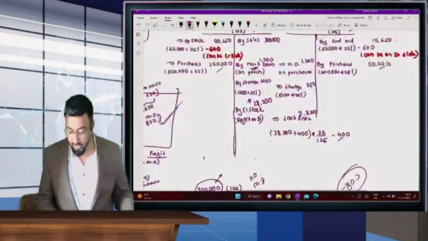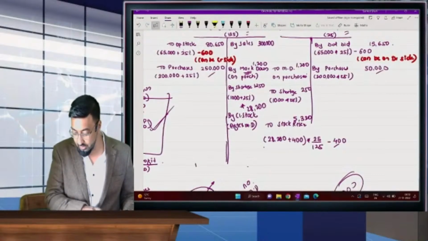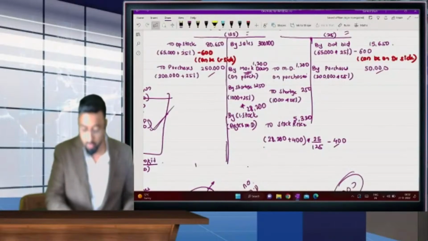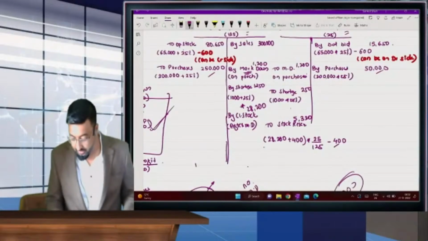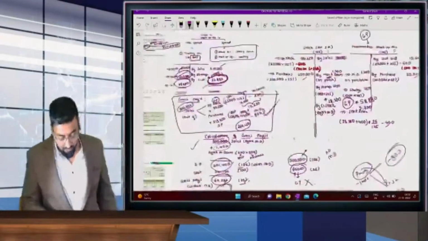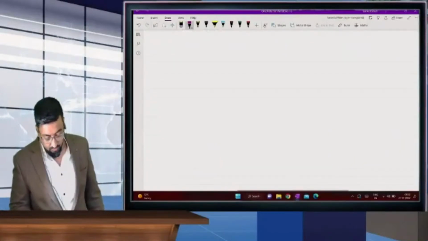And now you can get the answer: 15,650 plus 50,000 minus 1,200 minus 250 minus 5320. My correct answer is 58,880 is my GP, same GP as trading account.